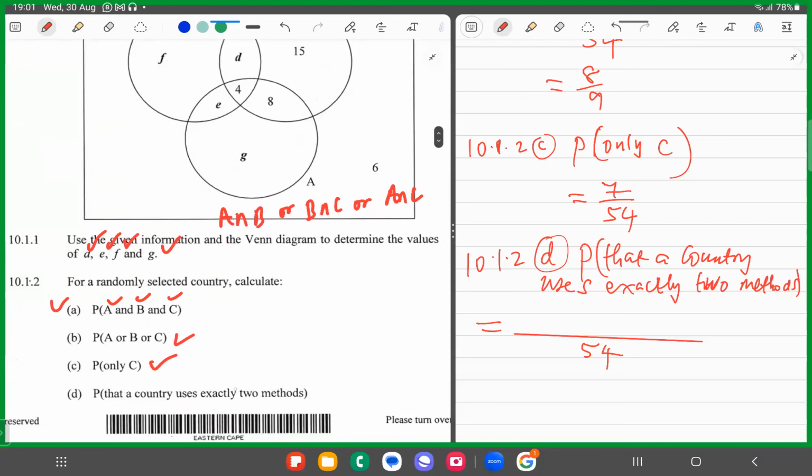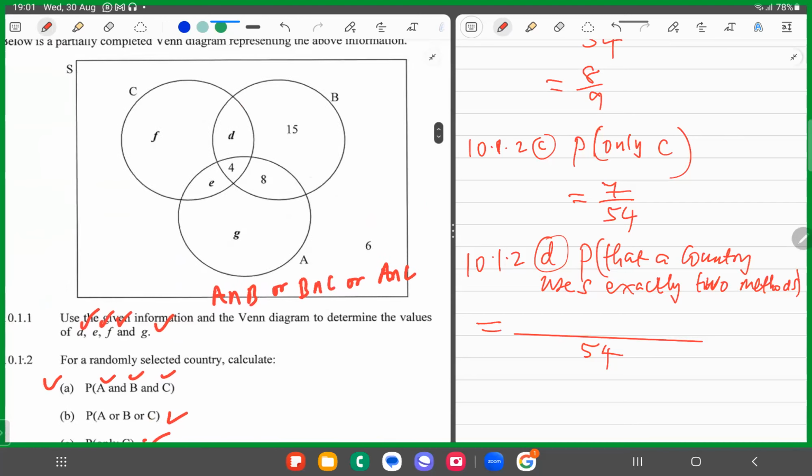That the country uses exactly two methods. And then what is this? So obviously we have this. What is the probability that a country uses A and B? How many countries are there in A and B?